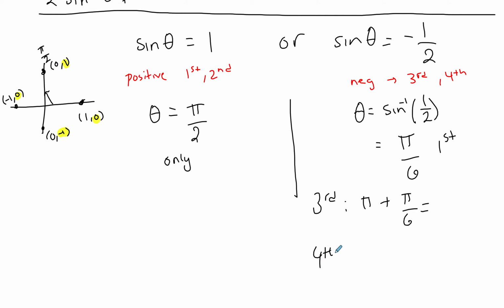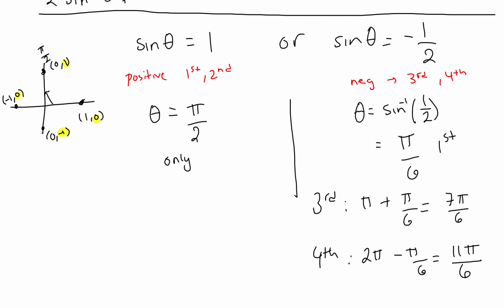And for the fourth quadrant, I'm going to take 2 pi and subtract pi over 6 from it. Hence, I'm going to get this as 7 pi over 6. And this will be 11 pi over 6.